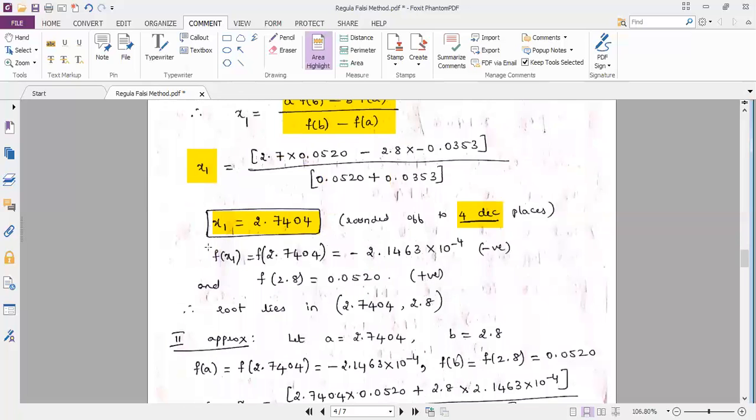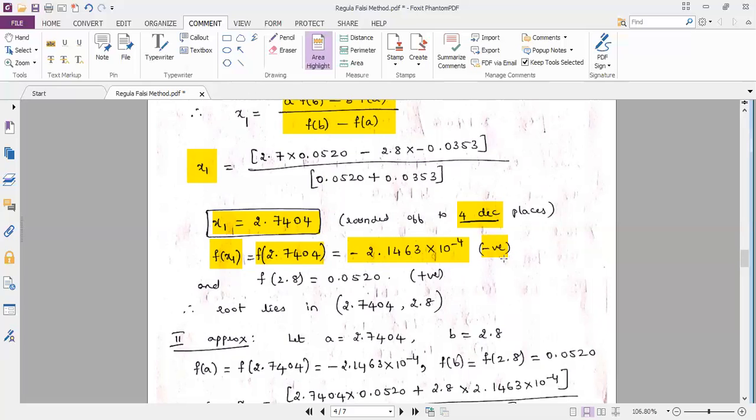Now finding out F of X1. F of X1 is F of 2.7404. F function is the given equation. Substituting in the given equation X value as 2.7404, we get minus 2.1463 into 10 power minus 4, which is a negative value.